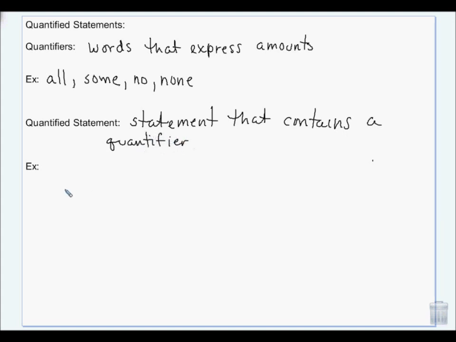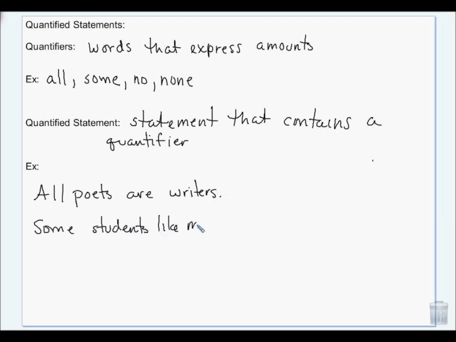Okay, so examples, maybe all poets are writers. Some students like math. See, I couldn't say all students like math because that would not be true.